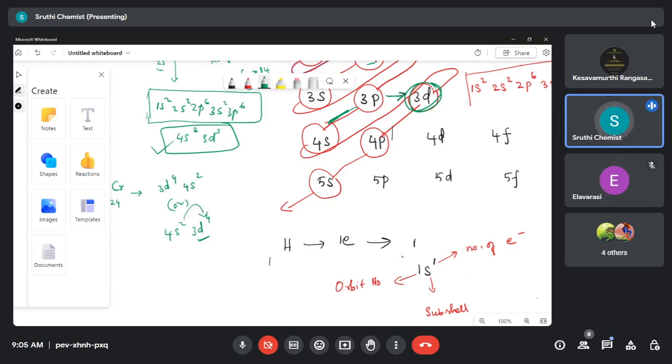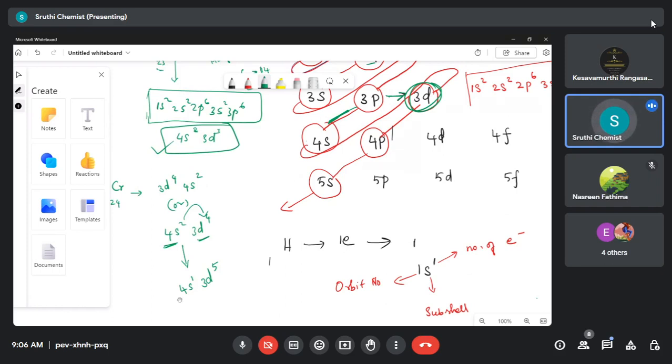Now the 3d becomes what? 5. Very good. It becomes 3d5. And how many electrons in the 4s? 1. Very good. It is 4s1. For extra stability, the 3d4 borrows one electron from the 4s2 so that it becomes 3d5. So 3d5 is half filled and more stable than 3d4.